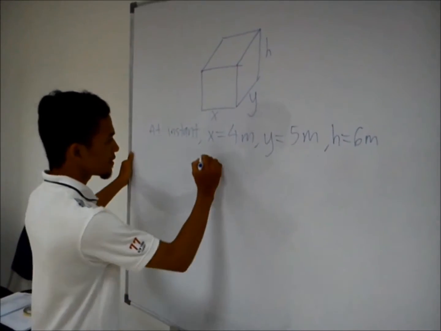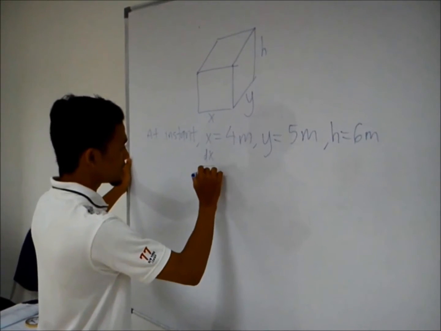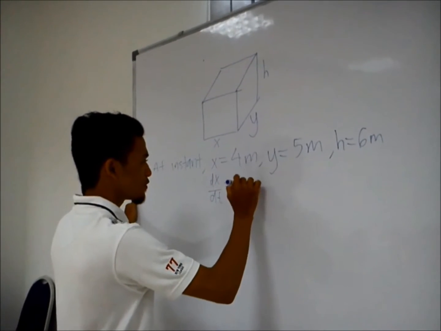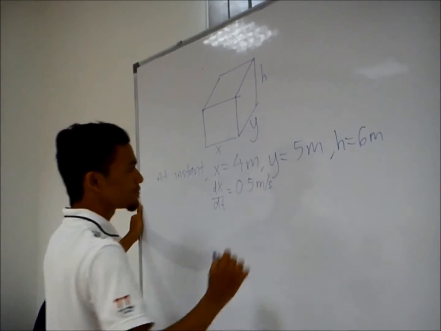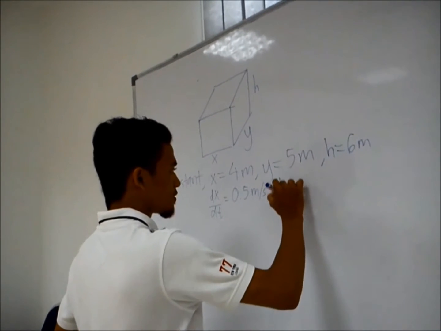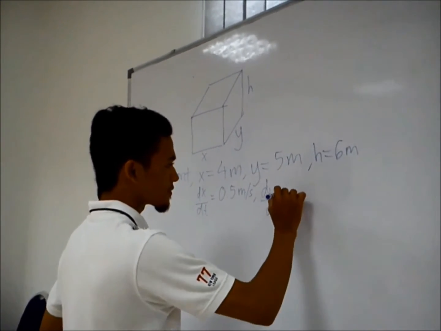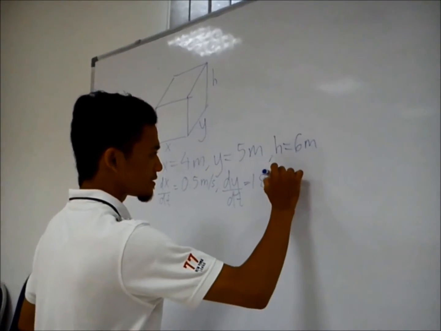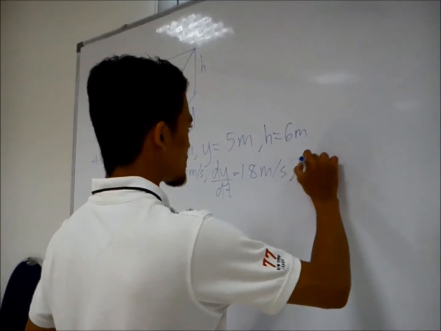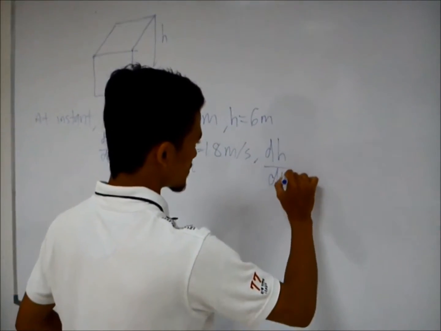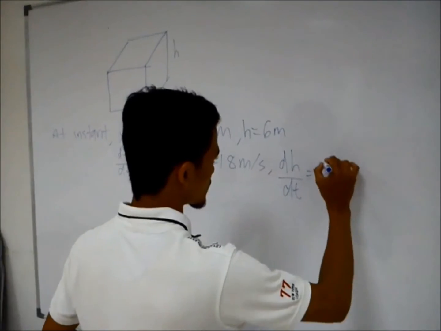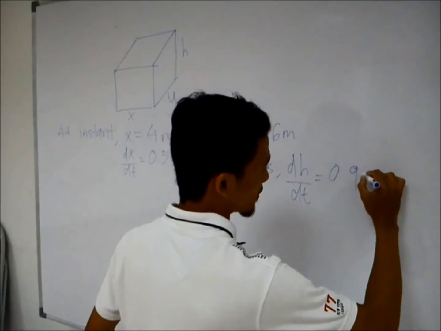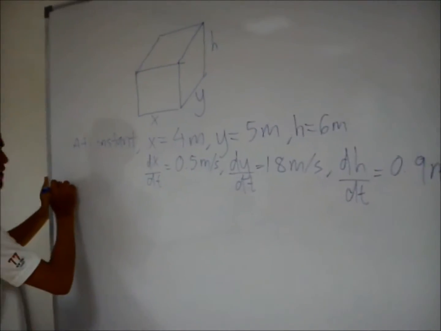So let's say dx over dt is equal to 0.5 meter per second, dy over dt equals 1.8 meter per second, while dh over dt equals 0.9 meter per second.